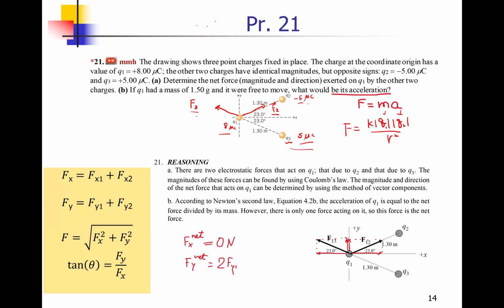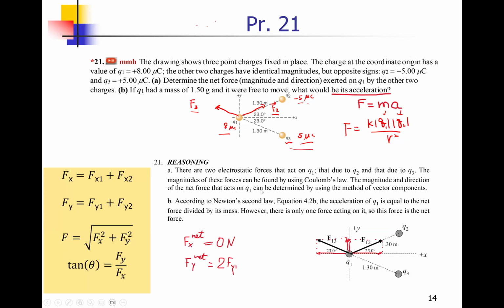So F2 and F3 should be equal to each other. That's why, looking at this graph, F2 and F3 have the same magnitude. So you can see the red notation here: the x components of the forces cancel each other, but the y component is twice the y component of one force.